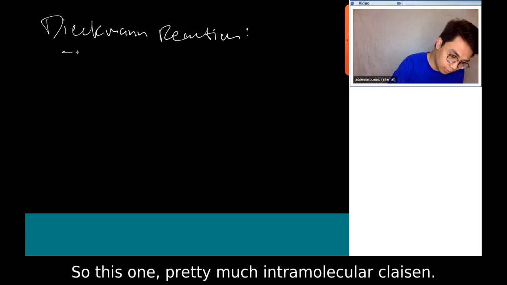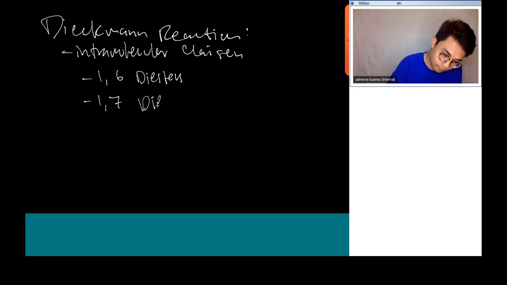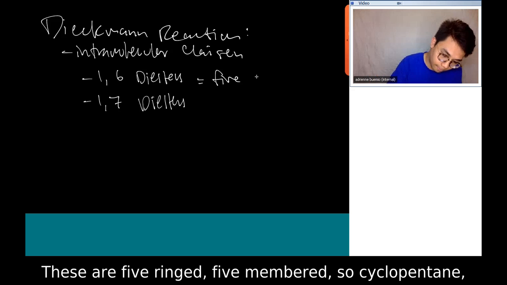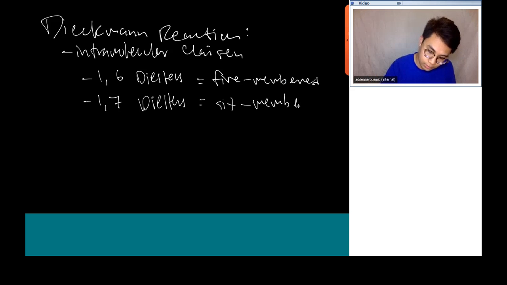So this one is pretty much an intramolecular Claisen, right? And this one makes 1,6-diesters or 1,7-diesters. These are 5-membered rings, so like cyclopentanes, things like that, and 6-membered. So remember these, right?